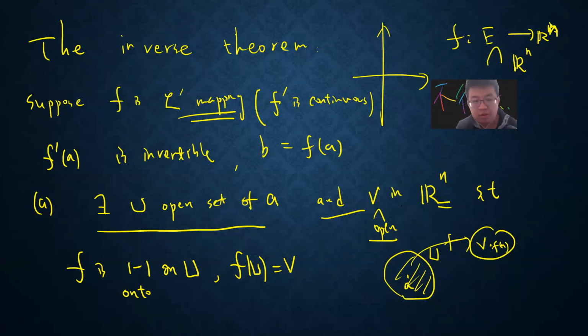There's an inverse of f, because f is one-to-one on U and f of U is V. Remember V is open, right? If V is not open, I could just define V to be f of U, and it becomes onto. So the key point is that V is open.